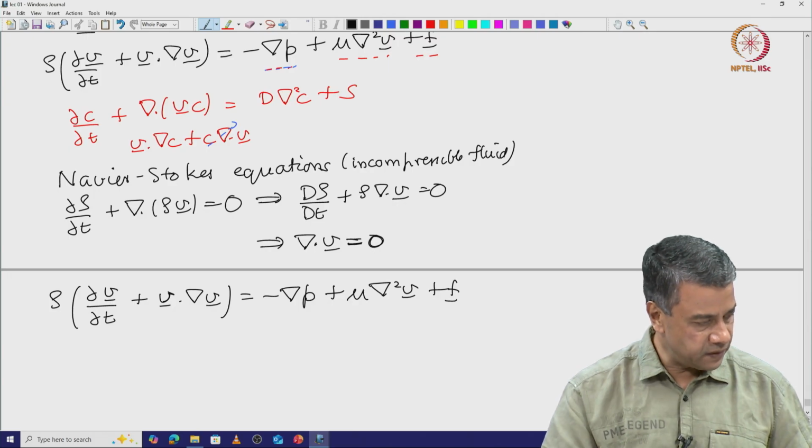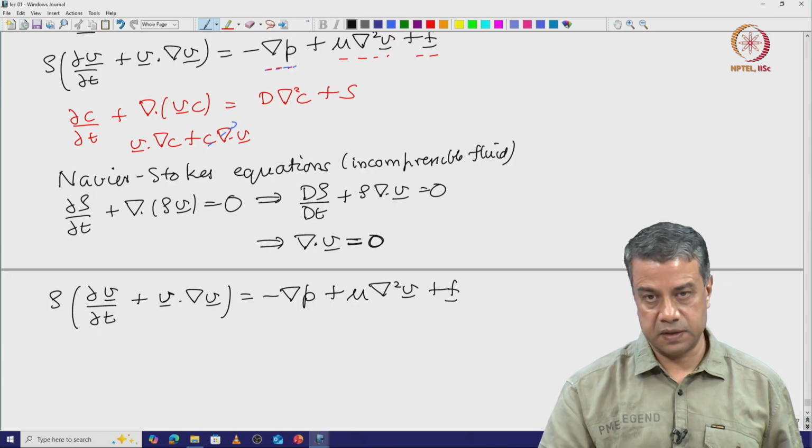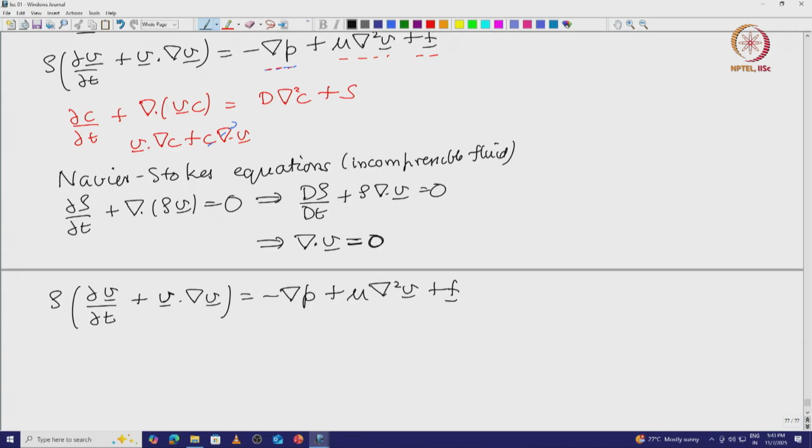Now that we have derived these equations, these are vector equations. I will discuss a little bit about simplification. There is already one simplification here, that the flow is incompressible. I will discuss a second simplification, that the flow is a potential flow, that is inviscid and irrotational.